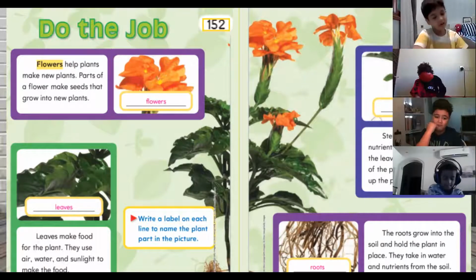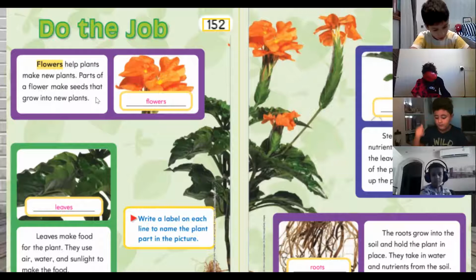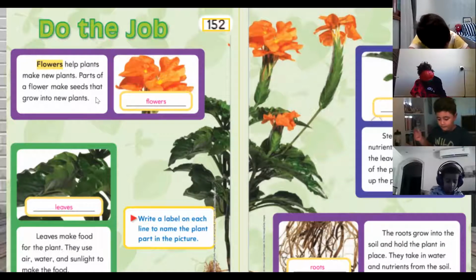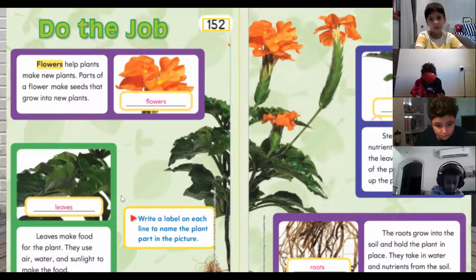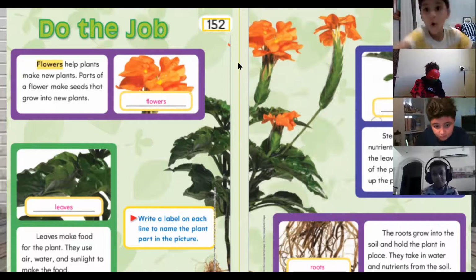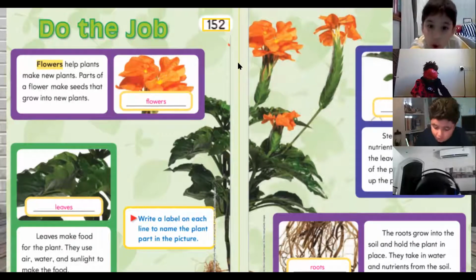So, guys, we learned yesterday about the plant and what the parts of the plant are. The first part is the flower. Can you read for me, Yusuf? Flowers. How does a flower help a plant?